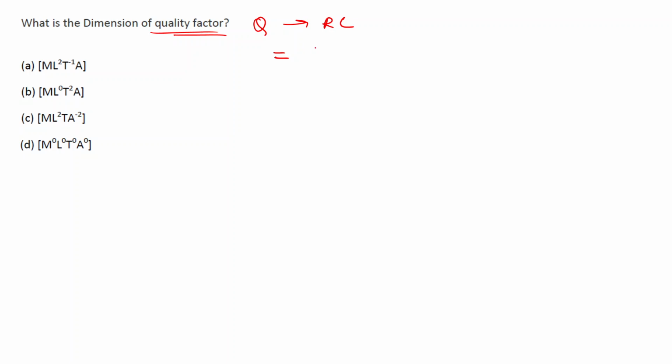It's the ratio, so basically it's the ratio of resistance to resistance, so it's dimensionless. And since for an RC circuit it's this reactance divided by resistance, the dimension will be nothing, it's dimensionless.